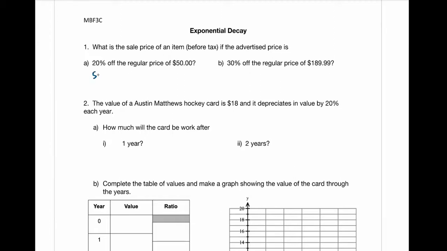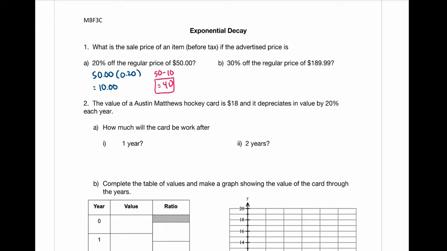I can take $50 and multiply it by 20% or 0.20 to figure out how much I'm actually going to be saving. And when I calculate this, 20% of 50 is $10. So then therefore I can do 50 minus 10, which equals 40. So that means that my sale price is going to be $40.